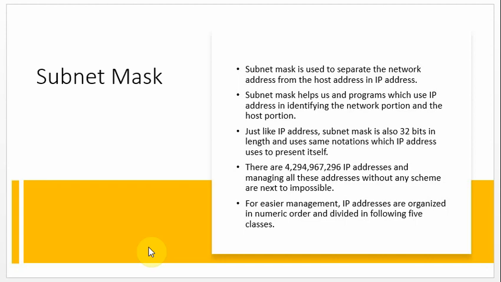So we say there are about 4.3 billion IP addresses, and managing these without any proper structure is very difficult. So to make life easier, the concept of subnet mask was put into place.